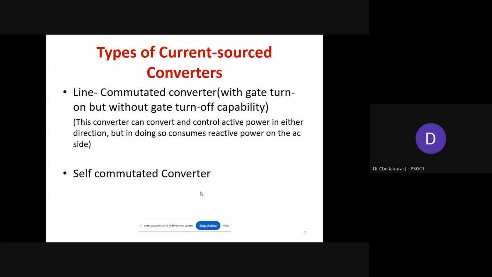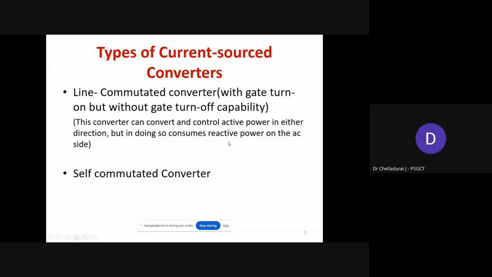In a fully controlled converter, if the firing angle alpha is varied from 0 to 90 degrees, it will act as a rectifier. If the firing angle alpha is greater than 90 and less than 180 degrees, it will act as an inverter. To convert DC into AC using this line commutated converter, we have to use SCR.